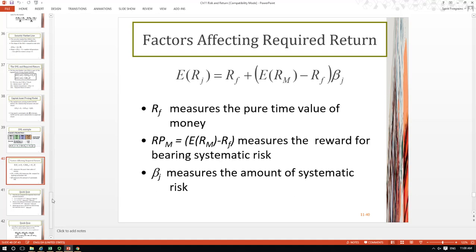If investors on average are less aggressive in taking market risk, or more conservative, then this RPM would be a higher number. So when investors on average are more conservative, you would expect higher risk premium, therefore higher expected return for the stock.